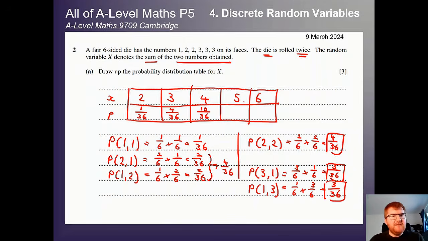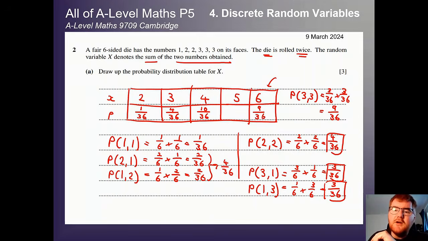Okay, this is where we have to decide, is it easier to work out 5 or 6 here? We'll go with, I think, the 6. Now, the only way we can do that is the probability of 3 and 3. Yeah, this I think is a bit easier. So we have 3 out of 6 times 3 out of 6. Again, there's no conditionality here. That's important. So that gives us 9 out of 36.